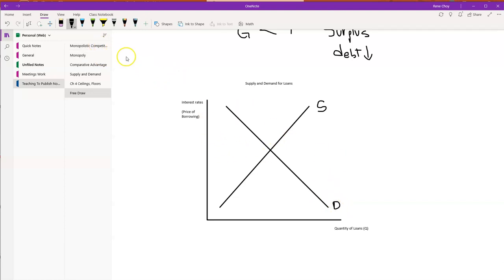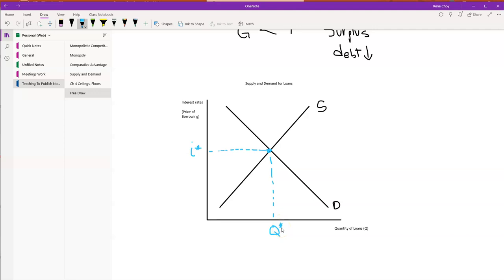And the interaction between supply and demand of loans determines the price you can get a loan at. So it determines the equilibrium interest rate, and it determines the equilibrium quantity of loans.